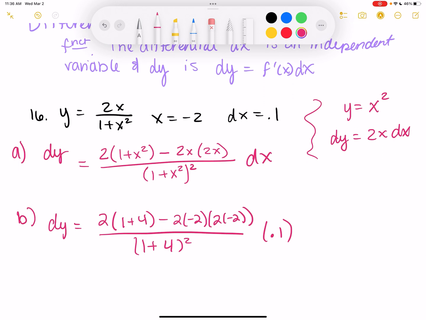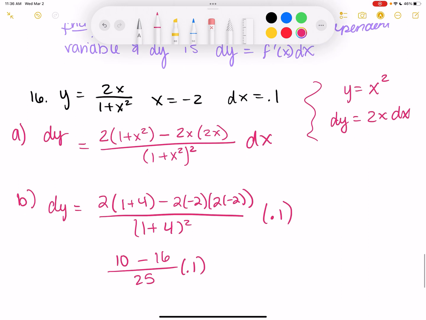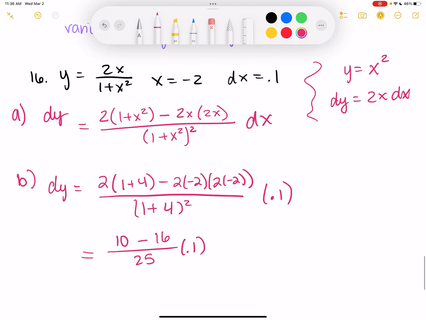So 2 times 5 is 10. I've got 3 negatives, so that's going to be a minus. So 2 times 2 times 2 times 2 is 16. So 10 minus 16 over 5 squared, which is 25, times 0.1. And pretty much at this point, you need your calculator.